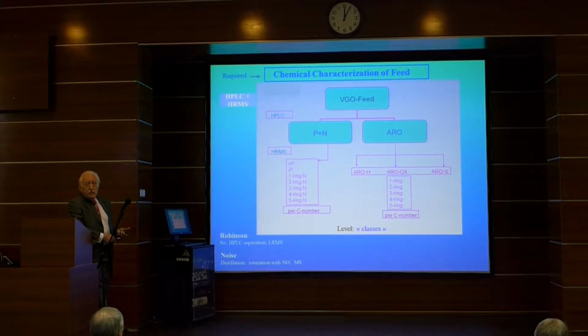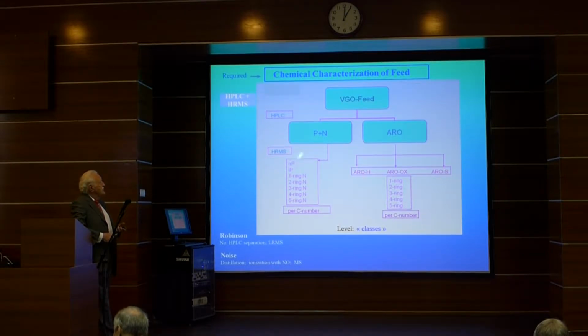With that equipment that you will find in any respectable catalysis laboratory, you can analyze, you can separate first the VGO feed into paraffins and naphthenes and the unsaturated aromatics by means of high pressure liquid chromatography. These two fractions can be further analyzed using high resolution mass spectrometry. Nothing special about that. You will find that everywhere, as I said.